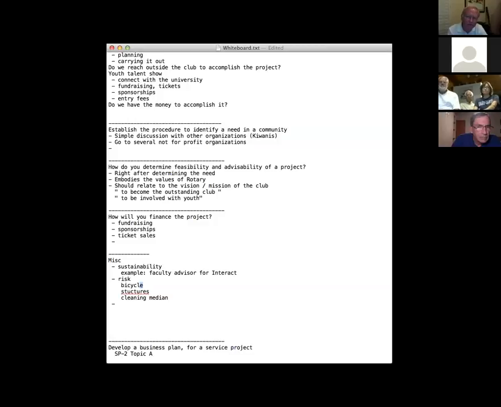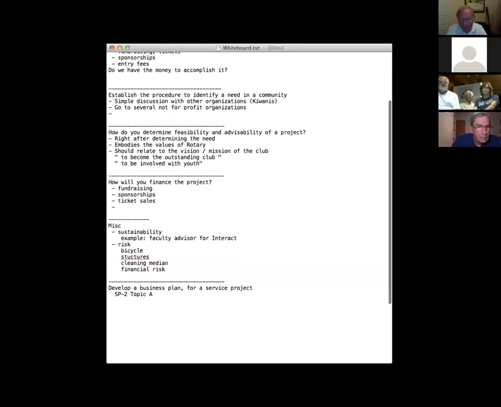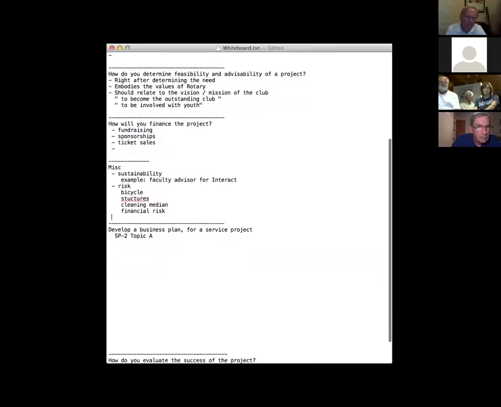What about risk of not making the basic income that you need on a fundraising project? Exactly. So these are all things we need to be thinking about as we develop a service project. And I would say that financial risk is certainly one that we do consider.